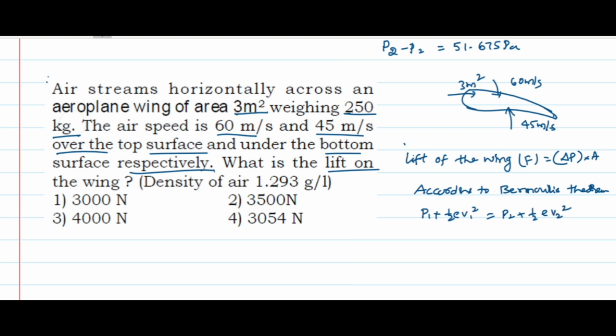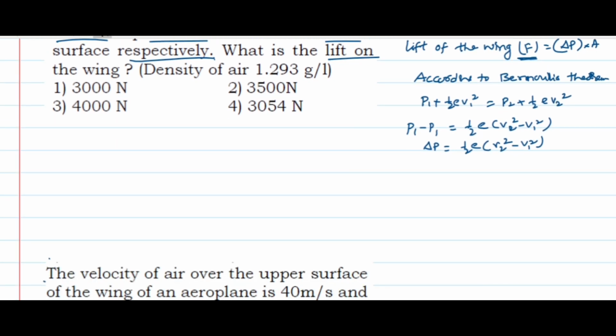Delta P, which is P1 minus P2, equals half into rho into V2 square minus V1 square. Now the lift of the wing, the aerodynamic lift, is pressure into area. Therefore the lift equals half into rho into V2 square minus V1 square into area. This is the aerodynamic lift formula.